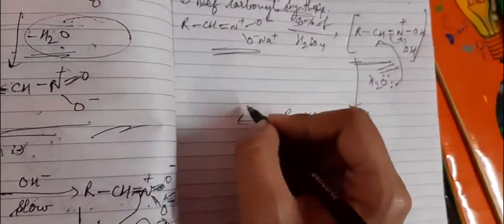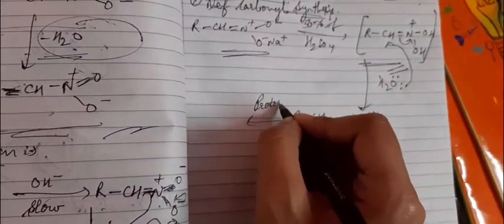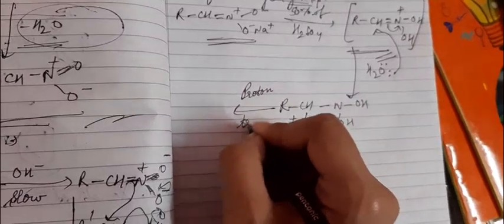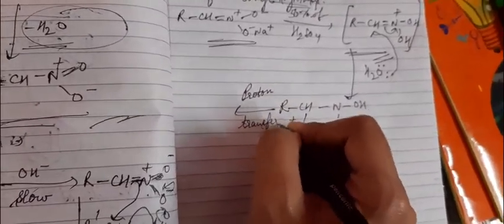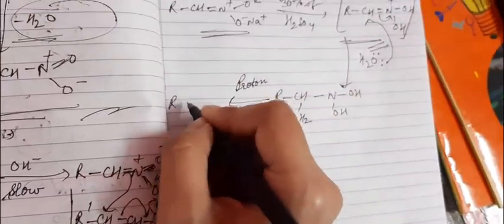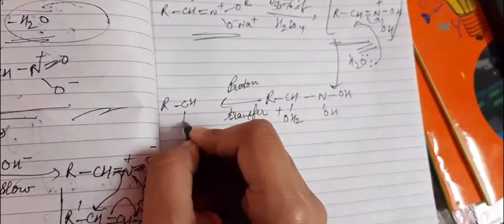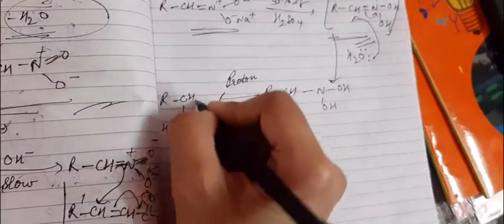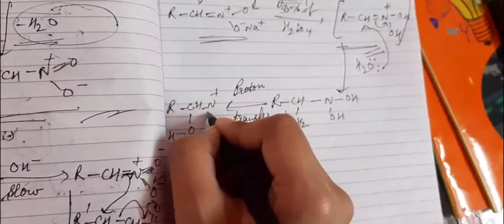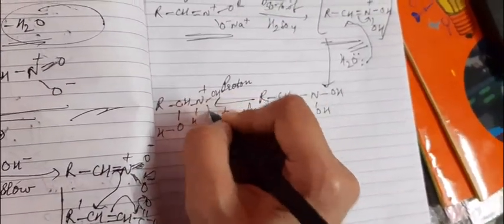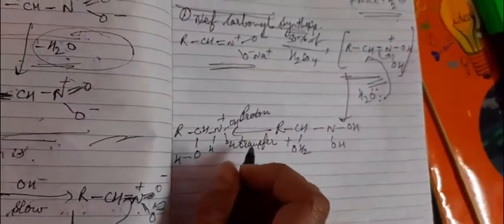Now in this reaction, proton transfer takes place in the next step, and we get the compound RCH(OH)N⁺H, with 2 OH groups attached to this nitrogen.